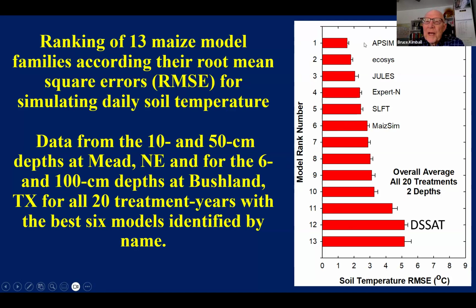JULES, EcoSys, and APSIM are all full-blown energy balance models. Now, I don't know what you can see on your screens, but this number 12 happened to be the DSSAT simulation, and it was pretty darn bad. I started wondering why on earth the DSSAT model family would be so bad when it is one of the most widely used models around the world.